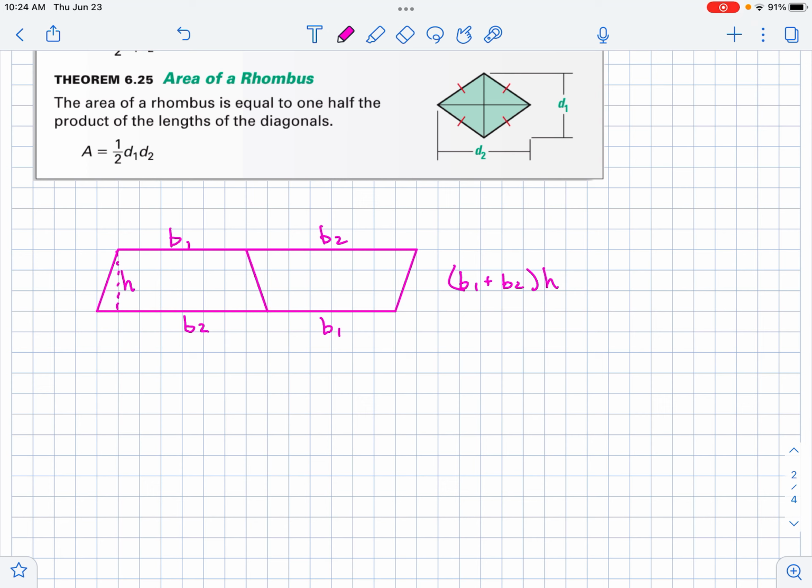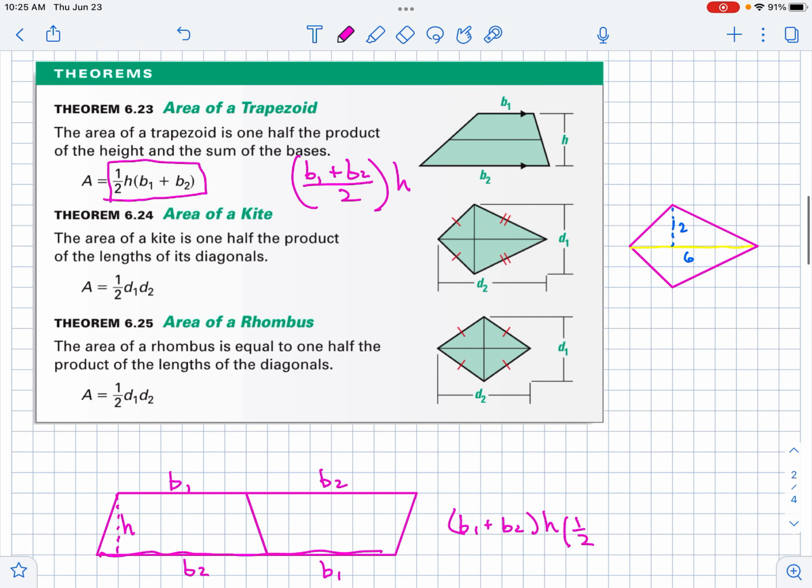See? Because the base is now long there. I mean, it's this whole thing. Well, that gives us the formula for the area of these two trapezoids. We only want half of that. So we took 1/2 the height times the sum of the bases. So that's kind of the way you can look at it to figure out where that formula comes from.